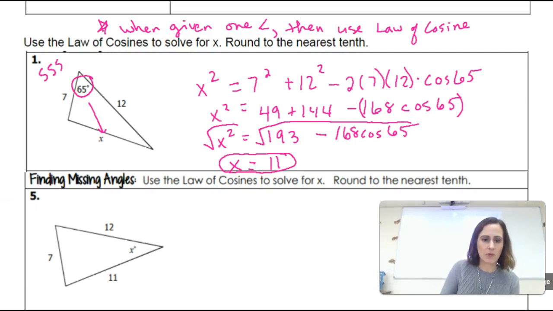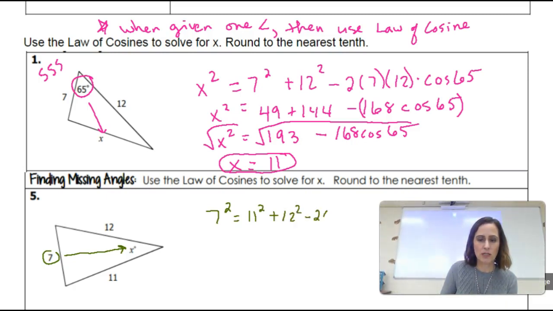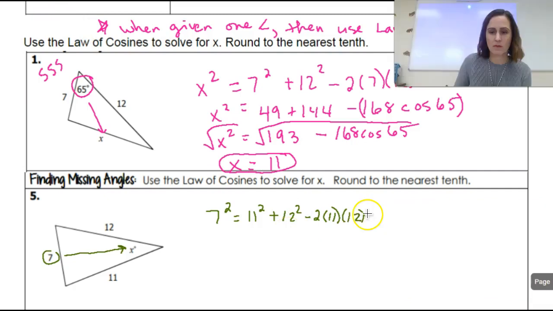In the second example, notice how we have the angle that we're solving for. So that means we'd have 7 squared, because it is opposite the angle, is equal to 11 squared plus 12 squared minus 2 times 11 times 12 times cosine of x.